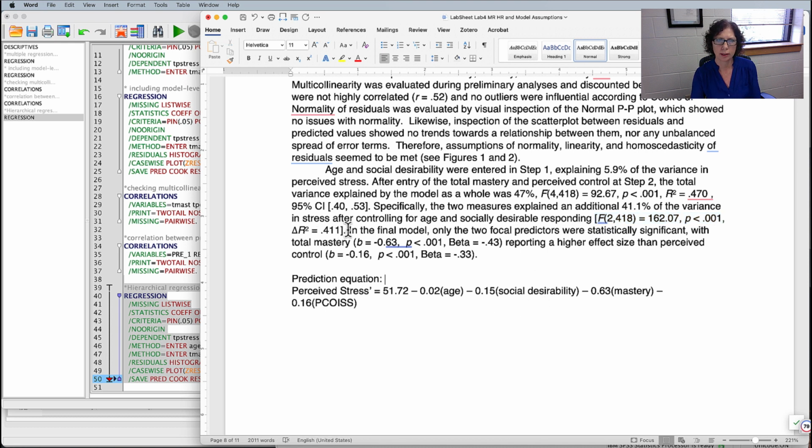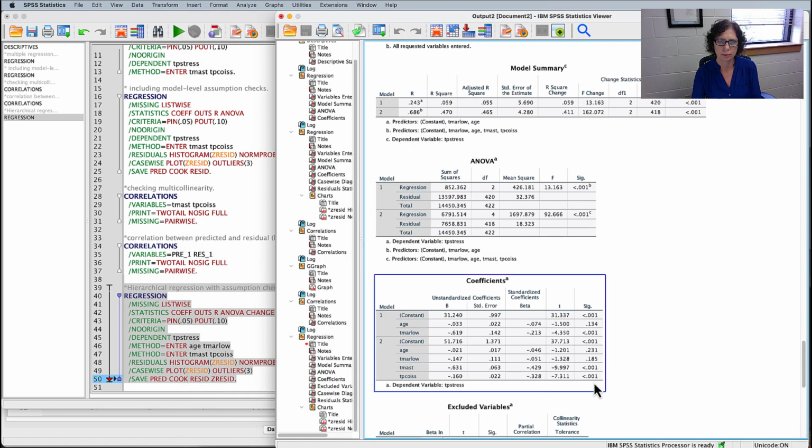Now right at this sentence is where we're getting into more detail about our focal predictors themselves. Both of them were still statistically significant after we had already controlled for age and social desirability. And then here's our stats line for total mastery, which we have right here. Total mastery, -6.3 and -4.3.